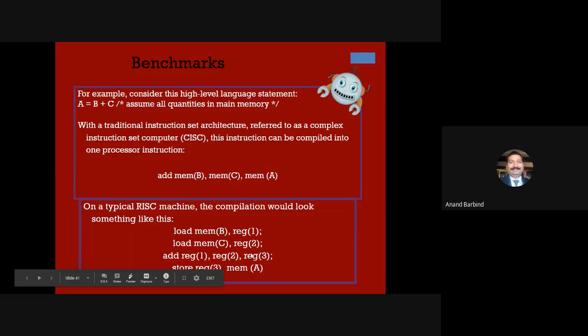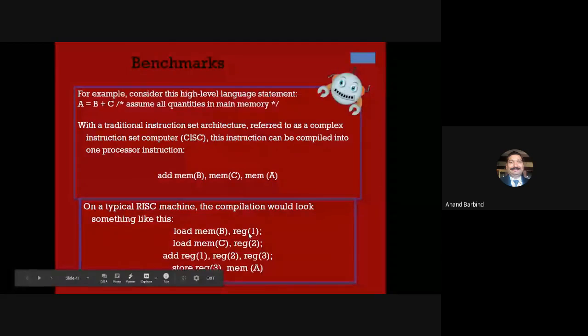If you claim that your computer is executing more instructions per second, as a RISC type of processor does, what job is it doing? It is doing only A is equal to B plus C. Whereas the CISC processor executes only one instruction and does the same job.